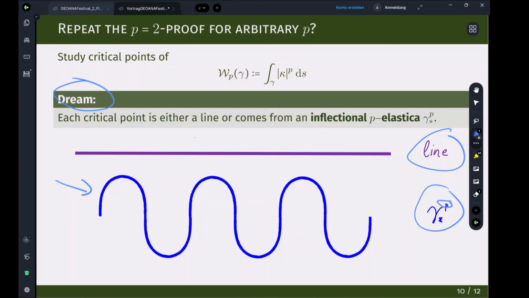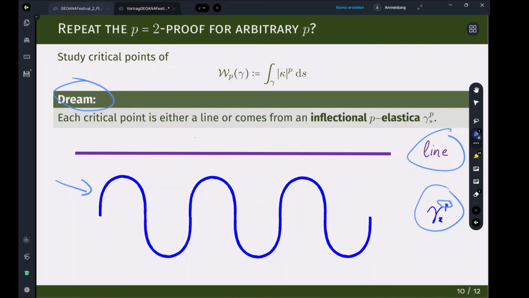Because this makes the proof of Tatsuya Miura more generally applicable. If this is again an exhaustive classification of critical points, then we can indeed repeat the same analysis and find again a sharp non-existence threshold. So this would be great if we could do that.